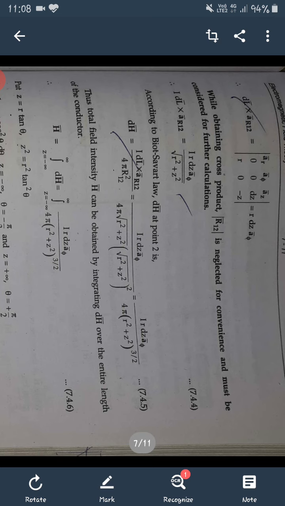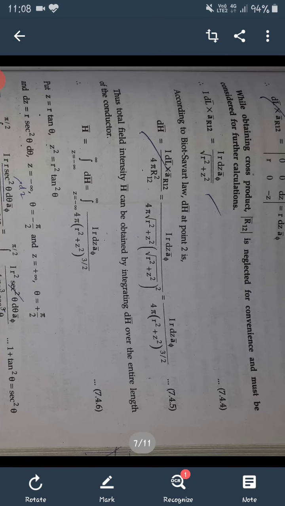Thus the total field intensity H can be obtained by integrating dH over the entire length of the conductor. The entire length means the conductor is infinite. Therefore we integrate dH vector from minus infinity to infinity. That is the integral from z equal to minus infinity to infinity of I r dz a phi divided by 4 pi times r square plus z square to the power 3 by 2.